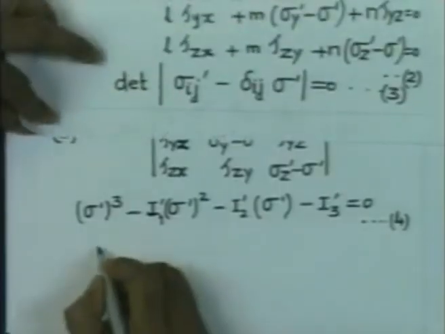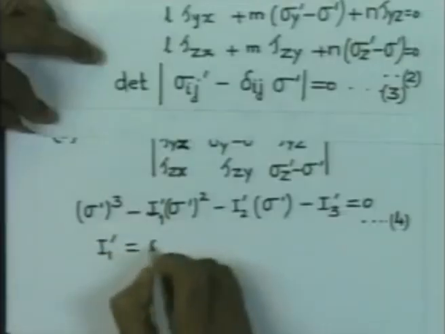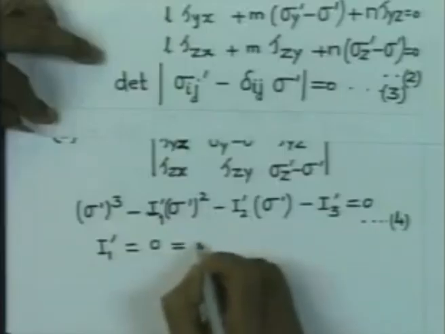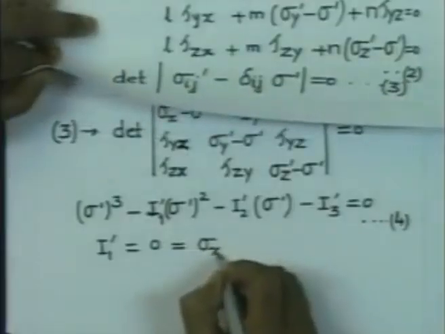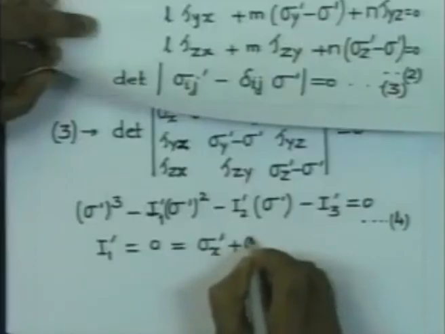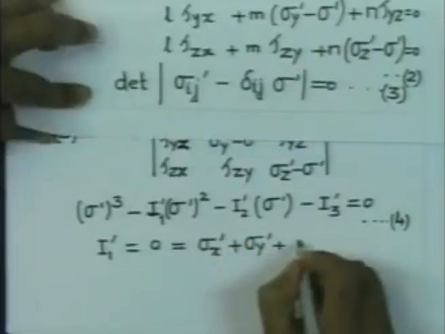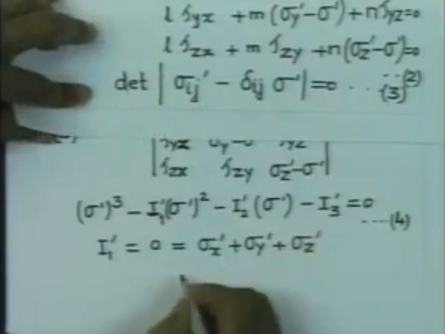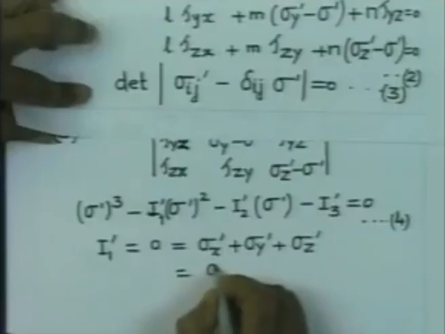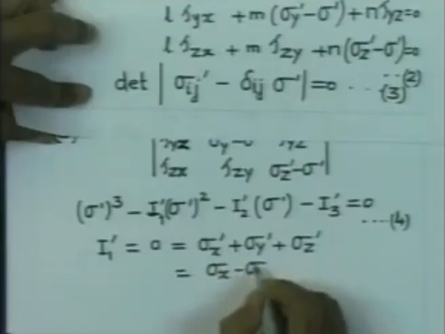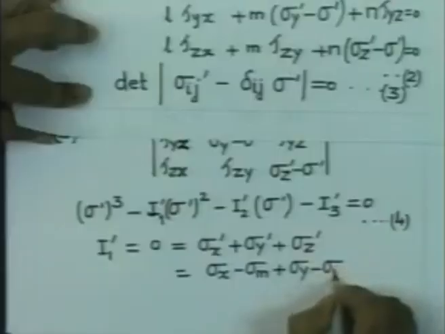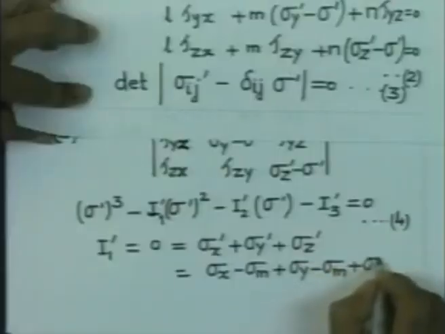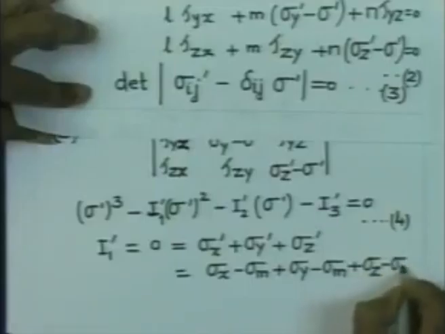stress invariants, and these are given by I1 dash is equal to 0, because this is equal to sigma x dash plus sigma y dash plus sigma z dash, and this is nothing but sigma x minus sigma m plus sigma y minus sigma m plus sigma z minus sigma m.